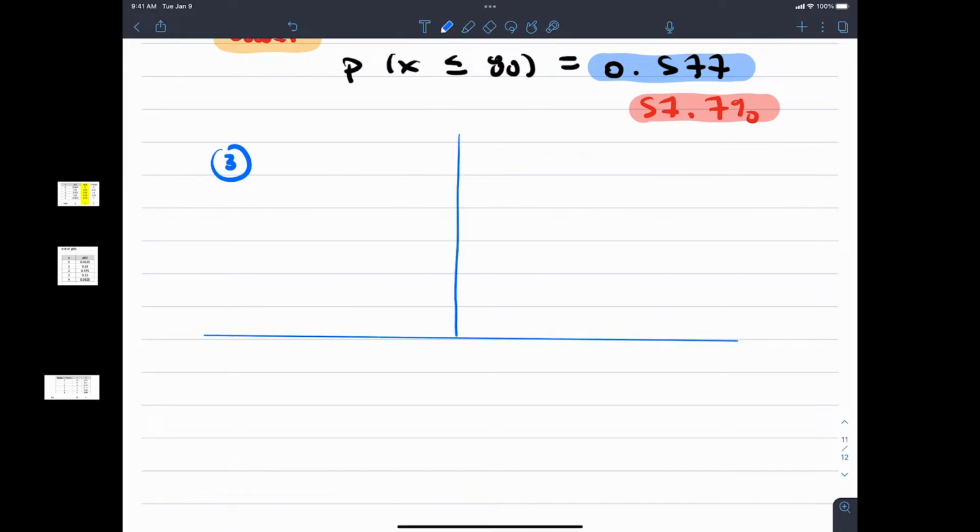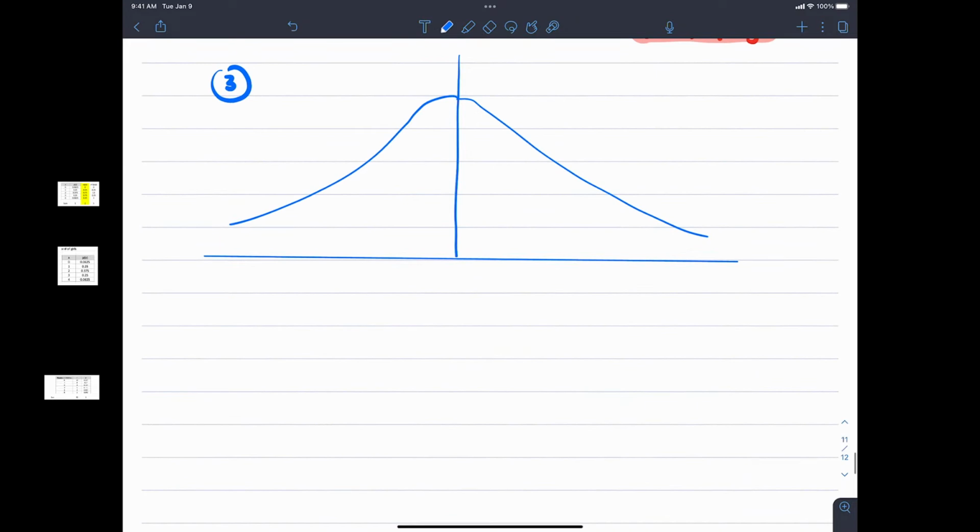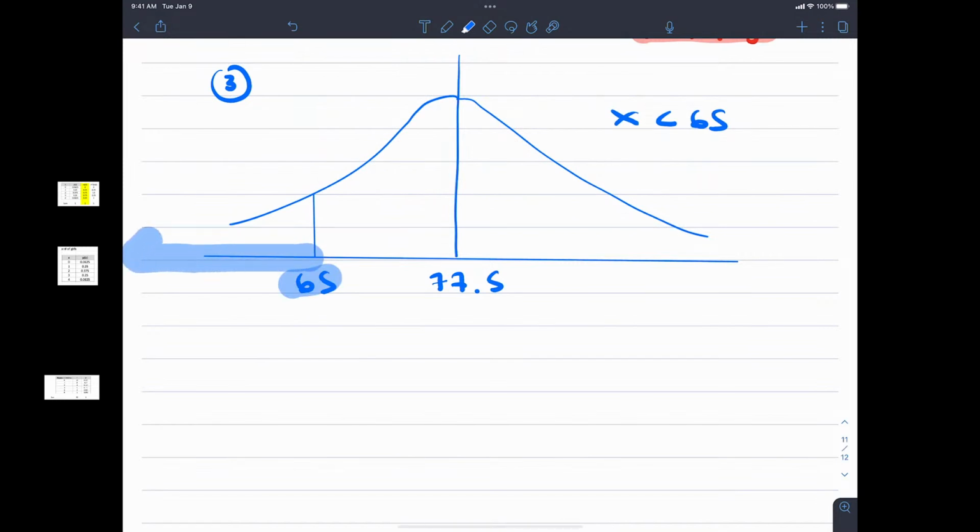And I guess for this question, 77.5. So less than 65 over here. So what does that mean, less than 65? It's less than 65, okay? So here you go. Here's 65. What's the deal? All the way to the what? To the left.